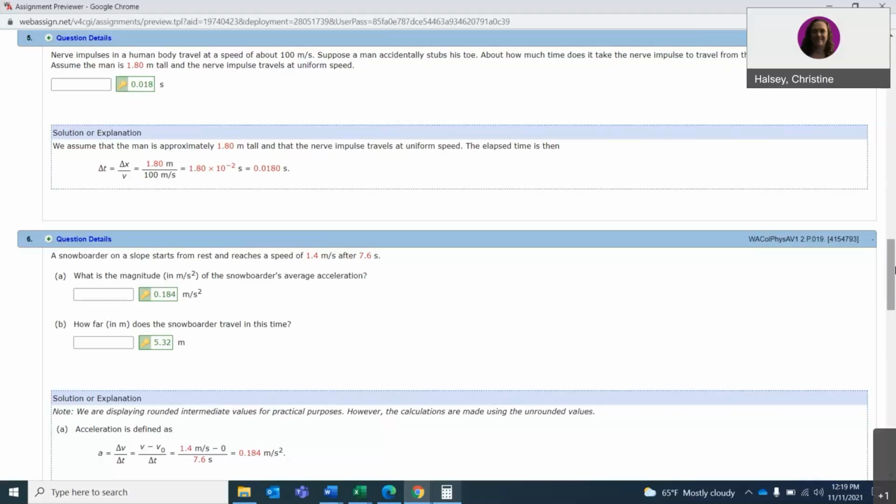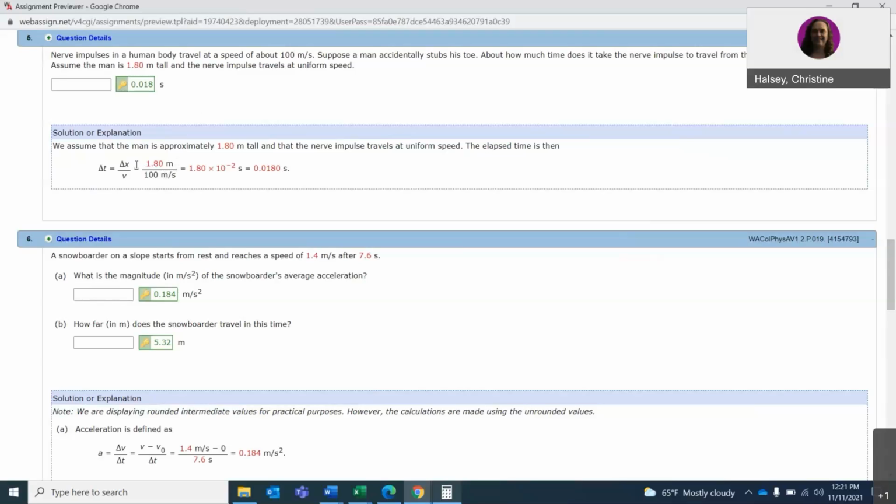Assume he's 1.8 meters tall and the nerve impulse travels at a uniform speed. He's 1.8 meters, which, that's kind of short. That's, well, a little less than 6 feet.